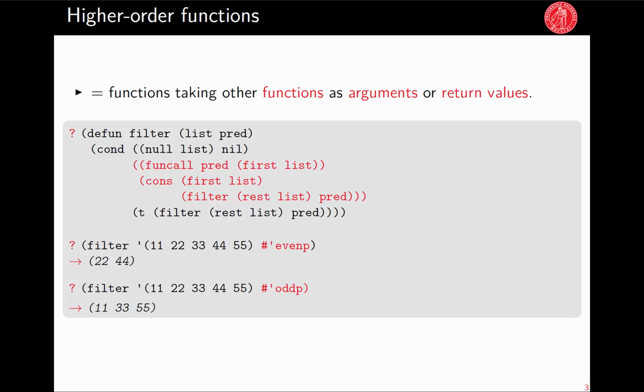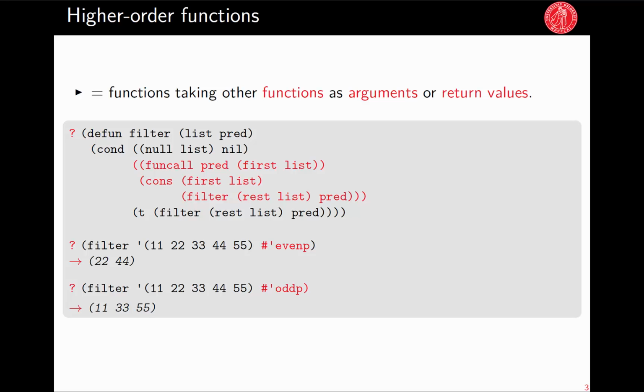And if that test fires, if that's true, then you see we have a cons expression, because that means we want to keep that first element in the list. So we use cons because we want to build up a new list. So we cons that first element of the list onto the result of recursively calling filter again with the same predicate and with the rest of the list.